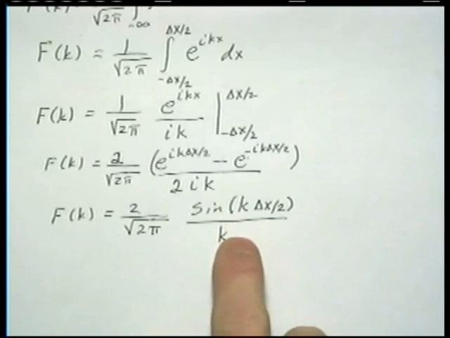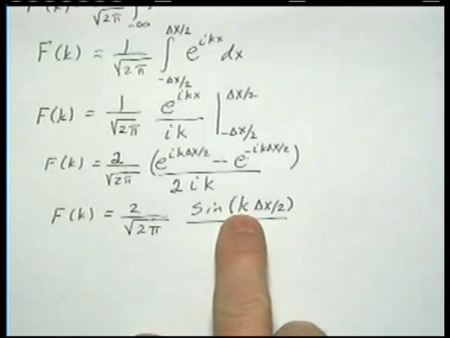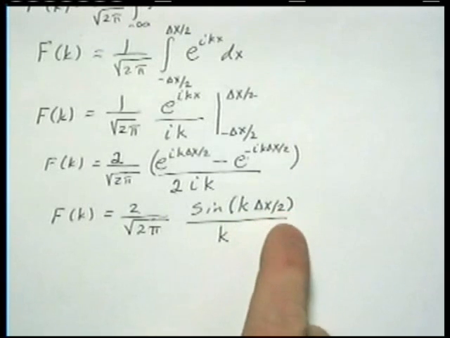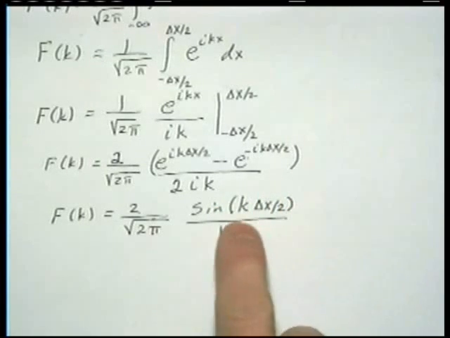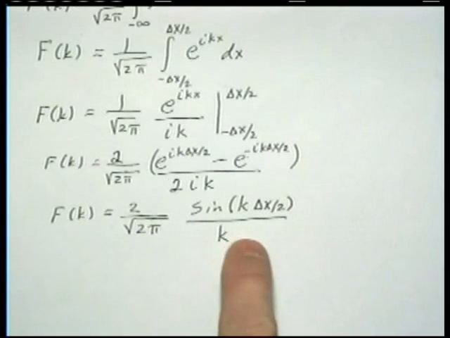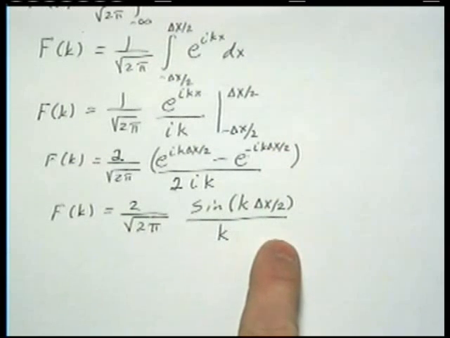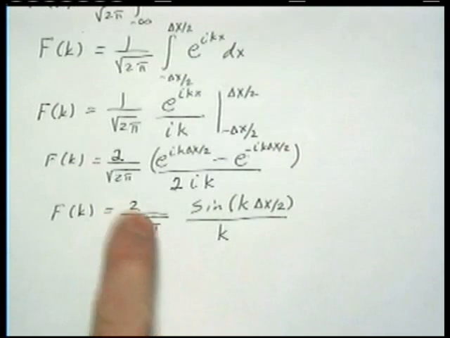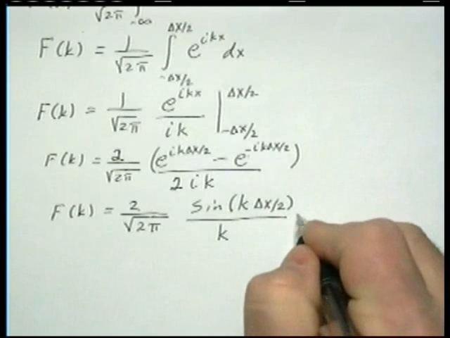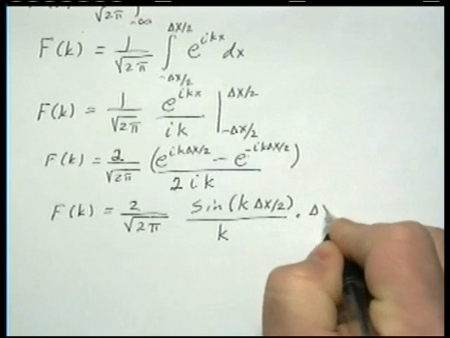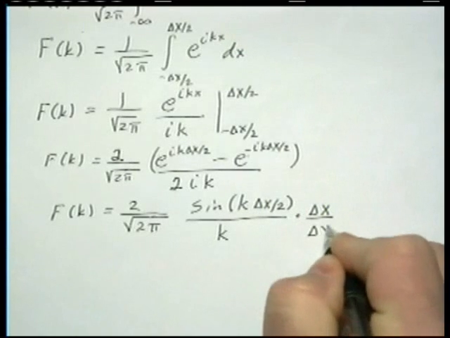This thing does not go to infinity when this goes to 0, and it doesn't go to 0 when this goes to 0. What people like to do, and what the book did by skipping a bunch of terms, is put this argument in the bottom here. So that's k delta x over 2. They want to put a delta x over 2 down here. Well, I got the 2 there, but I don't have the delta x. So he decides to multiply by delta x over delta x, and he leaves that out.